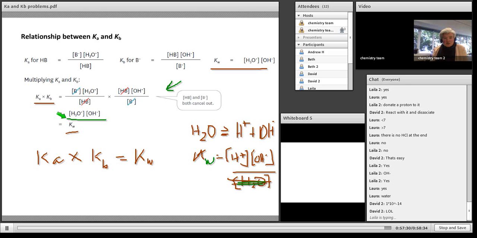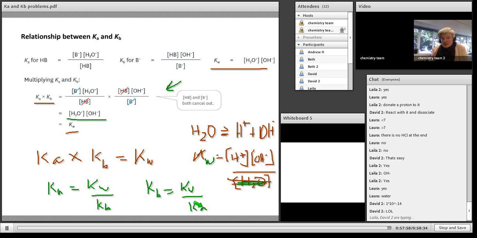So if we want to get the Ka, we simply take the Kw and divide by the Kb. More likely, because you're always given the Ka, if you're wanting to get the Kb, you would take the Kw, which you are expected to know, 1 times 10 to the minus 14, and divide it by the Ka, which will be given.